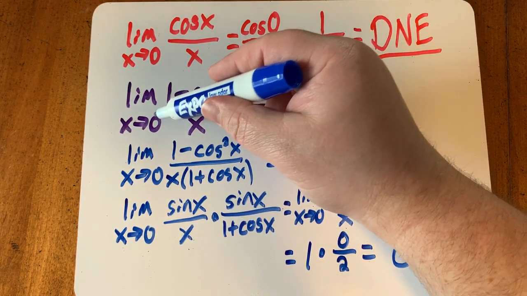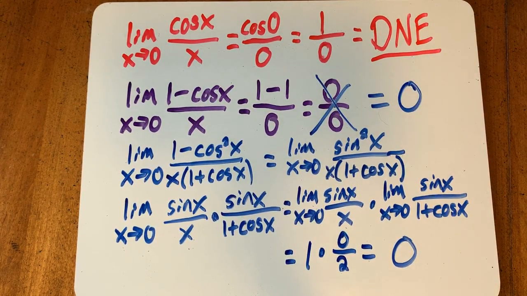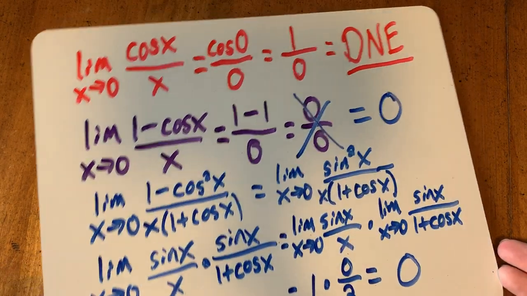So the limit as x approaches 0 of 1 minus cosine of x over x is just 0. Now there was one more trig function that we spent a lot of time with, and that was tangent.